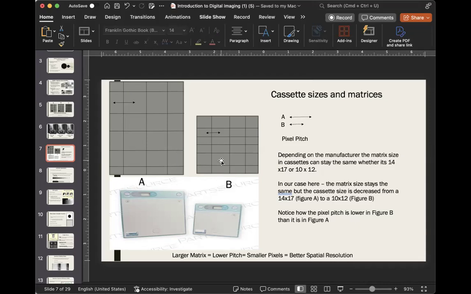And so what the case is making here is that when we have smaller cassette sizes, we have better pitch if we have the same amount of pixels in those detectors. And so what that means to us is we want to use smaller cassette sizes if we have the ability to.